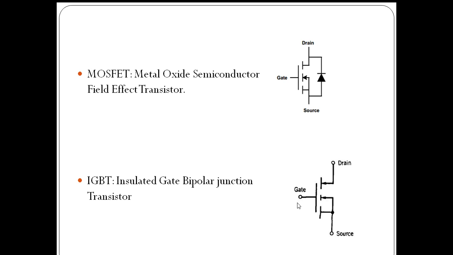The IGBT is made by considering the advantages of the MOSFET and the power BJT. Please note down the symbols.